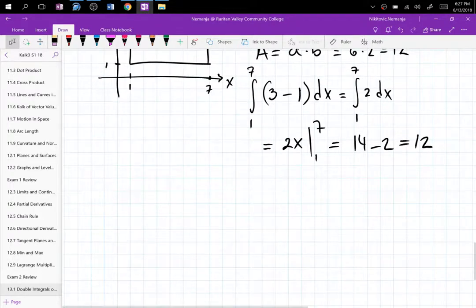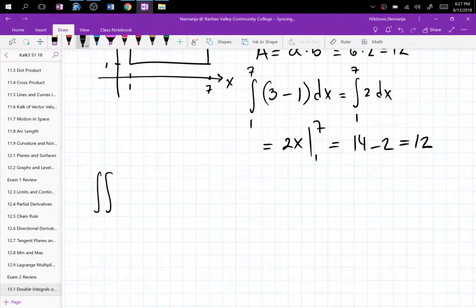The Calc 3 version of this would be the double integral. Now, I told you that you don't get to put the function in because the entire rectangle is going to be explained through limits. You have the y limits to be 1 or 3, so that's the first integral we are computing, and the outer integral is dx because we picked 1 and 7 on the outer integral.